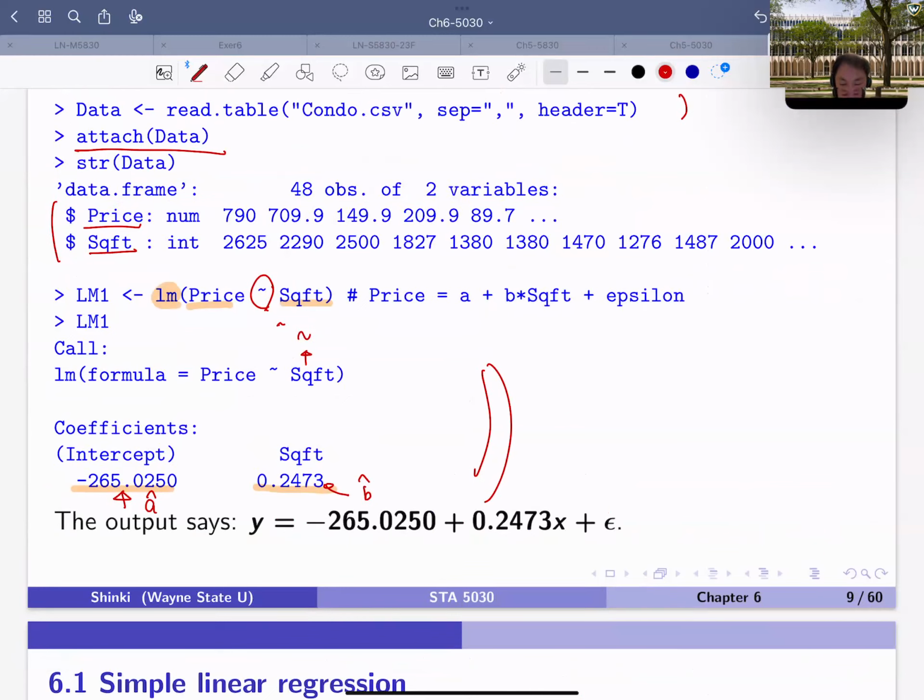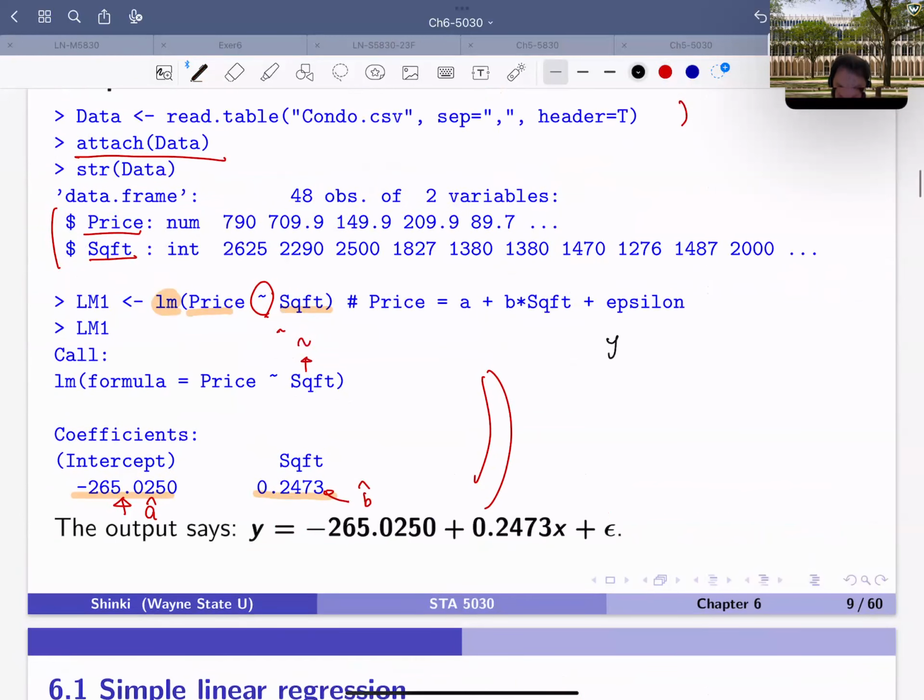Even in not code, but just a usual statistical sentence, when we say y tilde x1 plus x2, that means y is explained by x1 and x2. Sometimes tilde is a little bit vague, not really y is approximately equal to x1 and x2, but y is explained by x1 and x2, possibly maybe 1 plus 2 times x1 plus 3 times x2 plus some error or something like that.